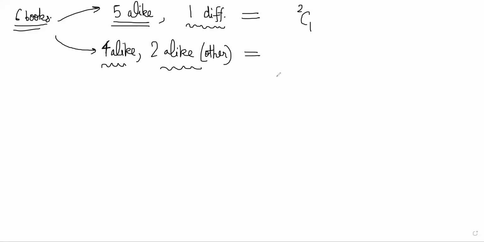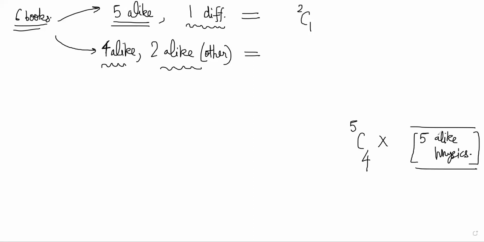For 4 alike, it could be 5C4. No, it will not. This is where you are confusing. It cannot be 5C4 because all the 5 are alike. Selecting 4 of them is just one way.